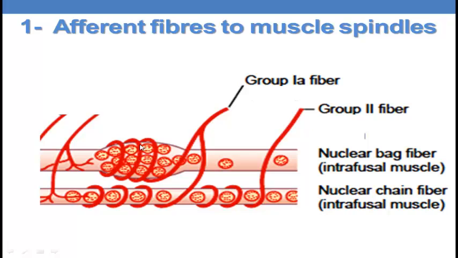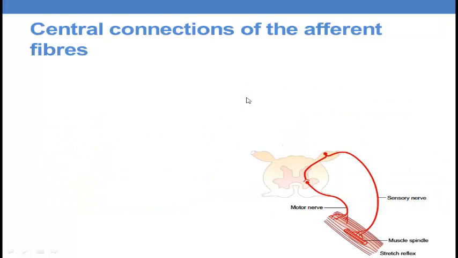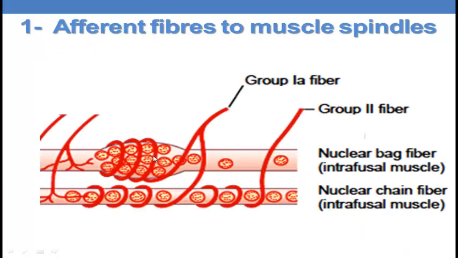The information passes from this receptor to the CNS via two types of fibers, either group 1A or group 2. The primary group 1A fiber innervates both nuclear bag and nuclear chain fibers, but the type 2 fiber receives information only from nuclear chain.